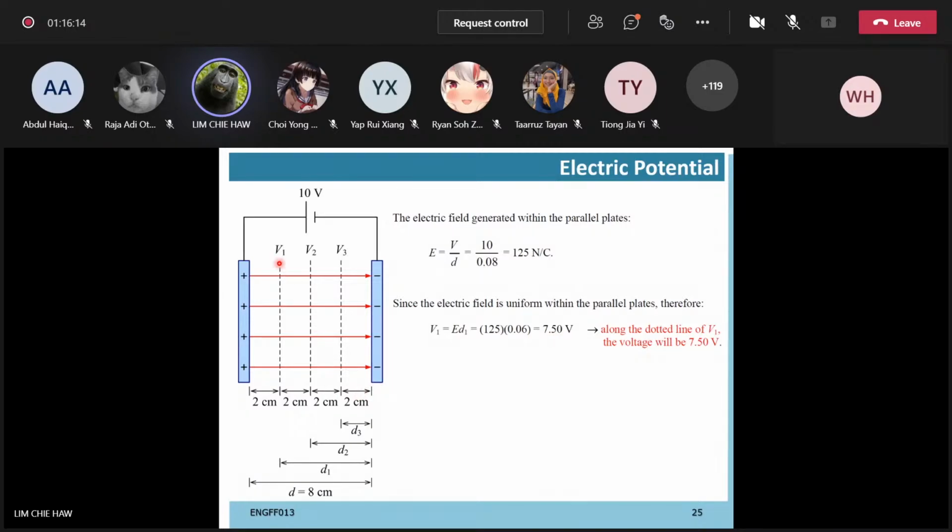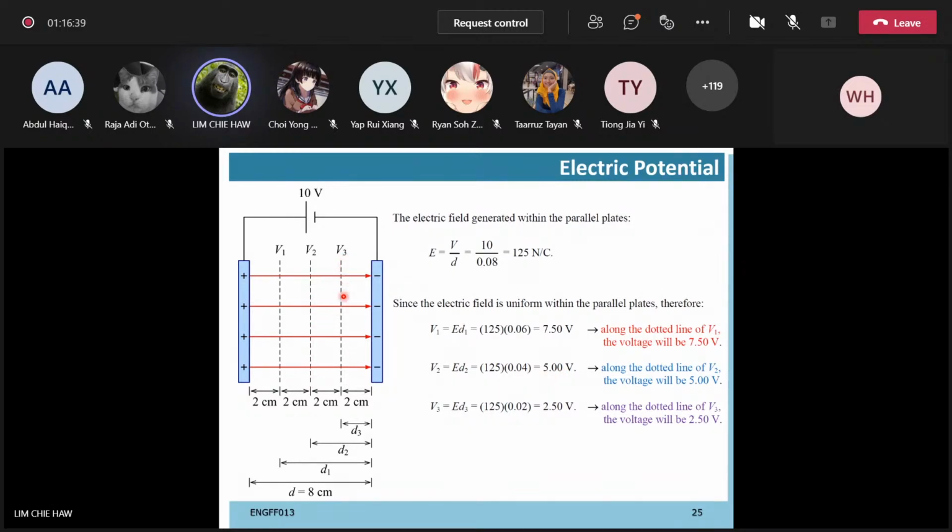Therefore, along this dotted line, it will be 7.5 volts. You can apply the same approach for the next two values, V2 and V3, and you will find the value of the potential as well. V2, from the calculation, you get 5 volts, which means along this dotted line you get 5 volts.